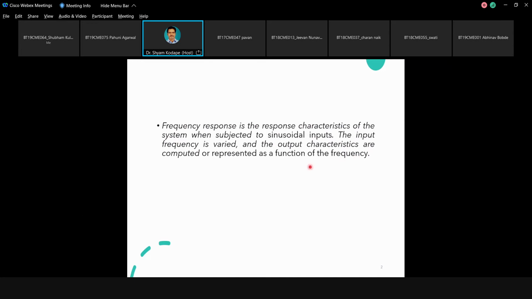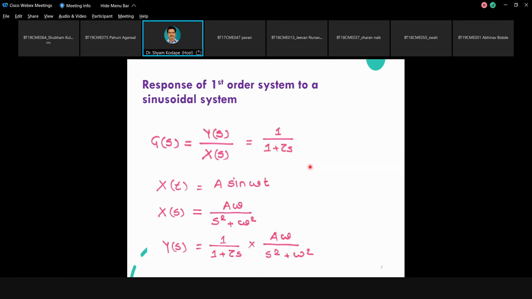Before moving to this graphical representation, let's compare what we derived earlier with how the frequency response will start. Which we have derived already, so we are taking it into consideration again.